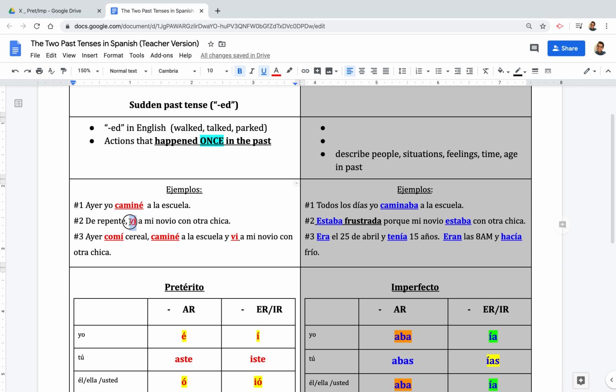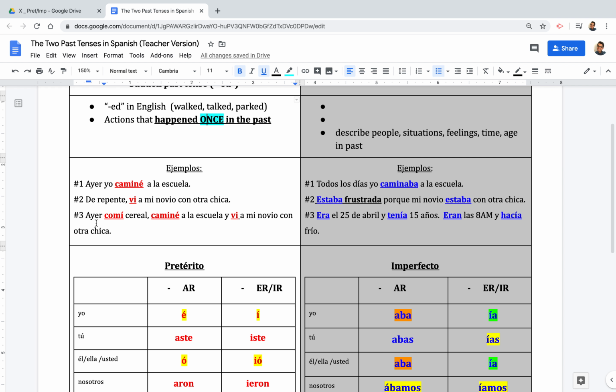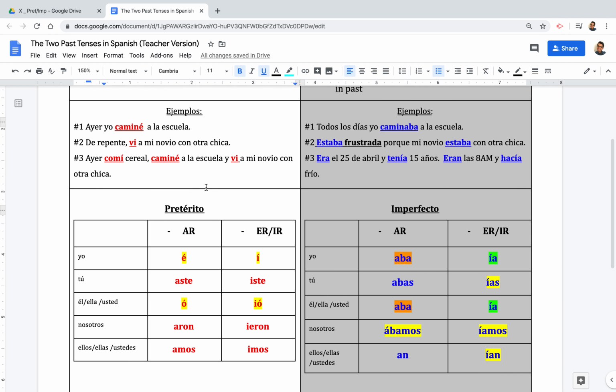Again, I saw is an action that happened once in the past. Example number 3. Ayer comí cereal, caminé a la escuela y vi a mi novio con otra chica. Yesterday I ate cereal, I walked to school, and I saw my boyfriend with another girl. Again, 3 actions, but they all happened once in the past.